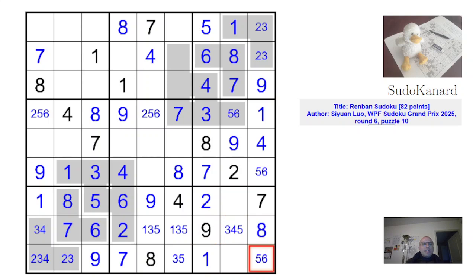This is from 5, 6. And this here is also from 5, 6. So I hope I'll be able to resolve more of that. This Renban contains 2, 5, and 6, and the 2 is in there.